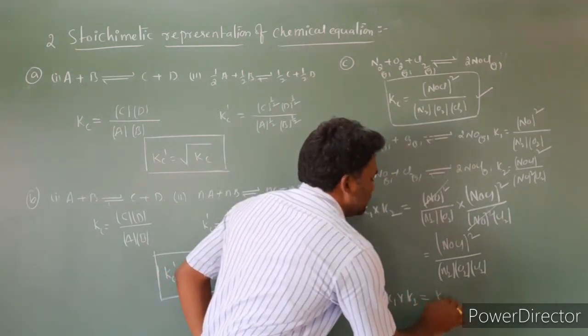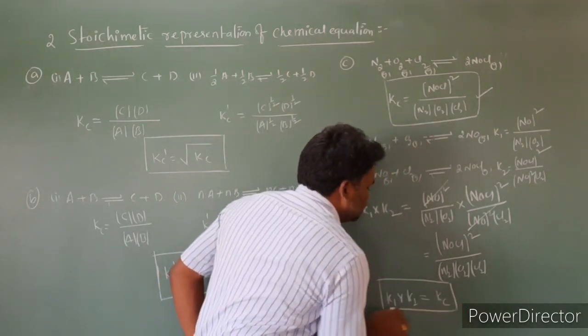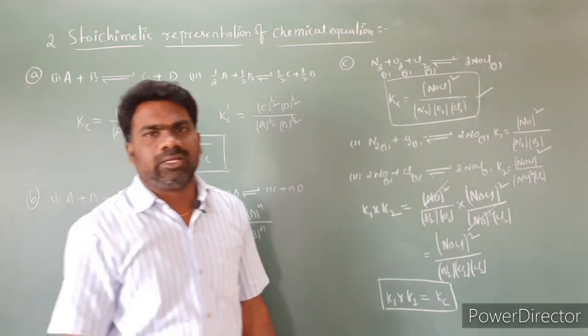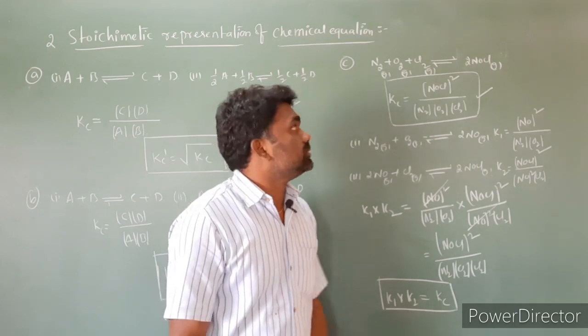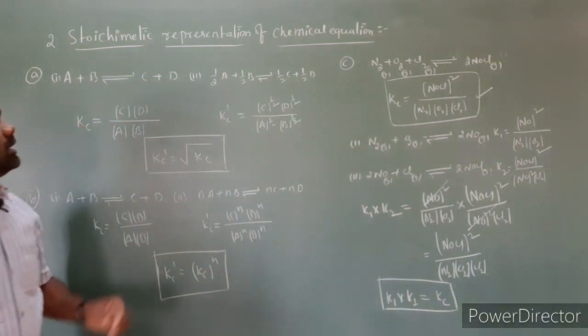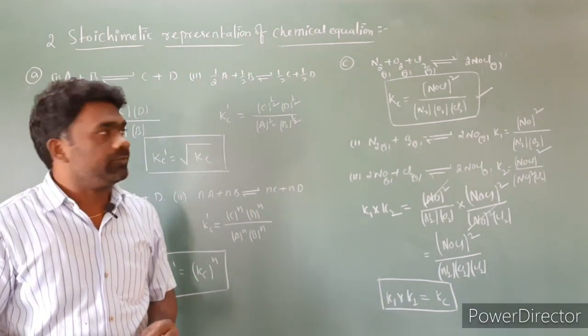So what is the relationship between K1, K2 and Kc? Kc is equal to K1 into K2. So this is the stoichiometric representation of a chemical equation.